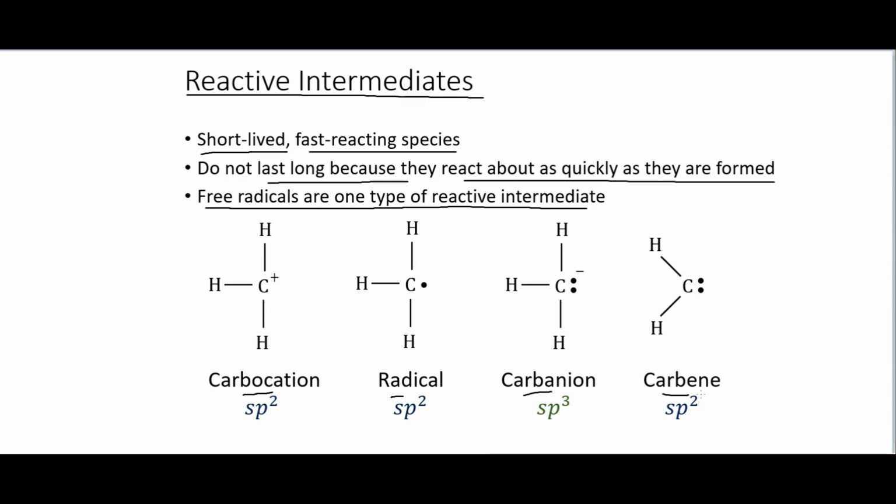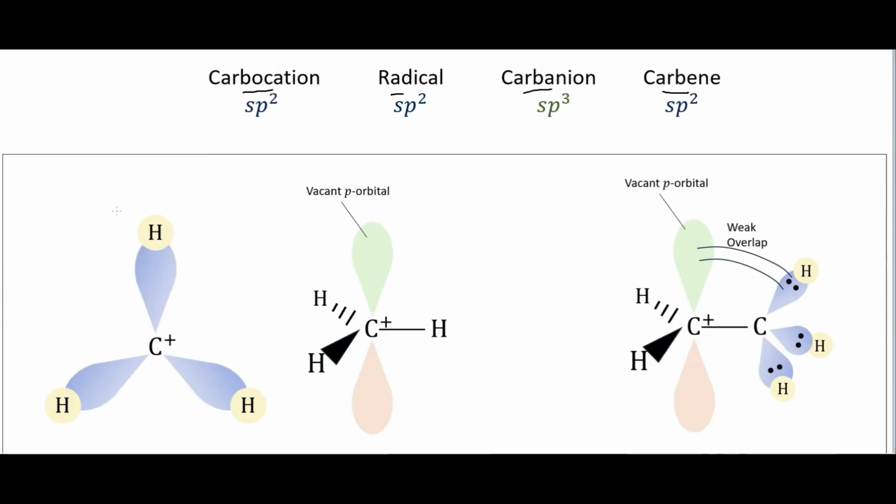These things, as we'll see here in a minute, can be stabilized to make them more likely to form, but they're not going to last significantly any longer in the solution. And so these are the 4 reactive intermediates, and we see that these are all on carbon, which, because this is organic chemistry, carbon is the thing we are very interested in. And so that's what we will be talking about here.